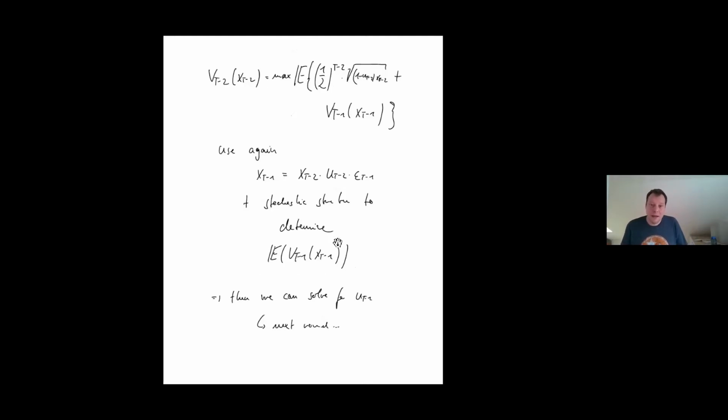And then I can plug this in. This looks again very, very similar to what we had before. We know again what the x capital T minus 1 is. We know the stochastic structure. We know the value function. So basically, we know everything on the right-hand side.